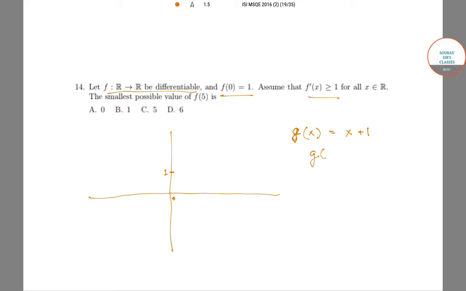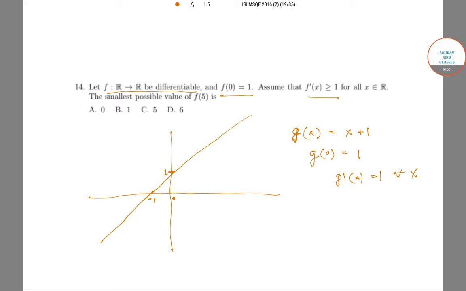Then g of 0 is equal to 1 and g prime of x is equal to 1 for all x. The graph of g is precisely this, crossing plus 1 at the y-axis and minus 1 at the x-axis.